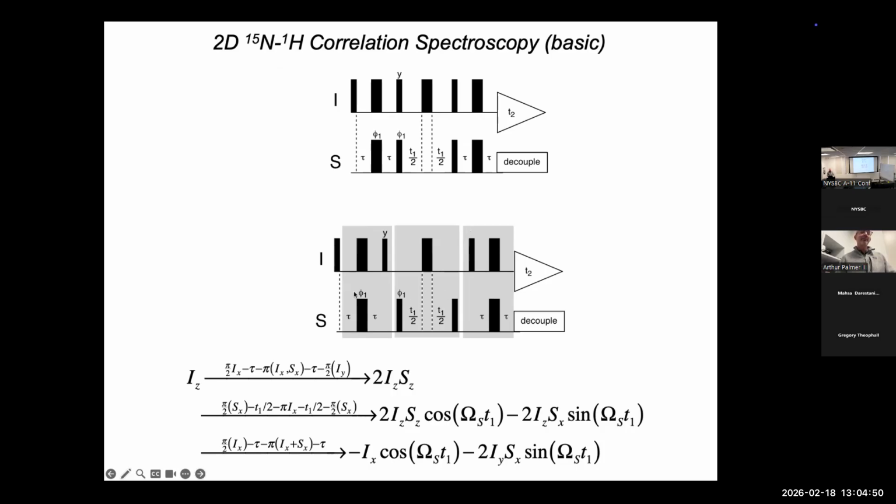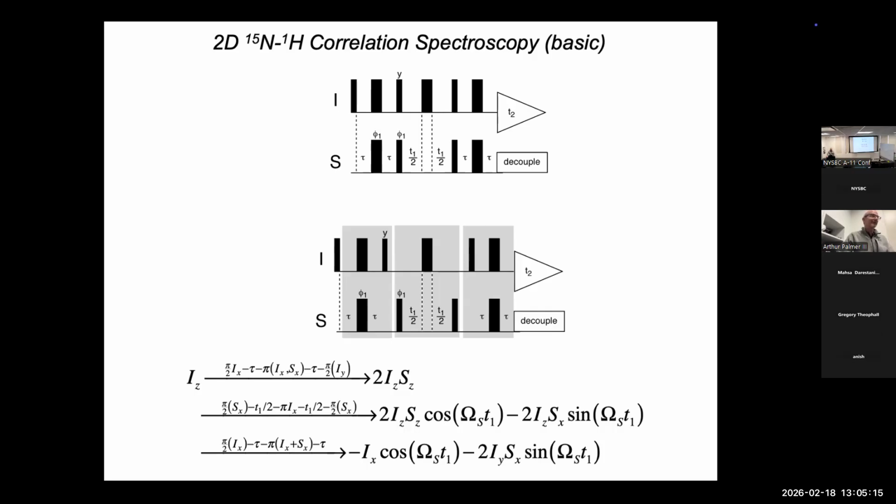In the problem set, you've worked out what happens with chemical shift evolution if you put a 180-degree pulse in the middle of an interval, what happens if you put a 180-degree pulse on the other spin, and what happens if you put on 180-degree pulses on both. So if we look at this first block, the first 90-degree pulse is going to generate minus IY magnetization.